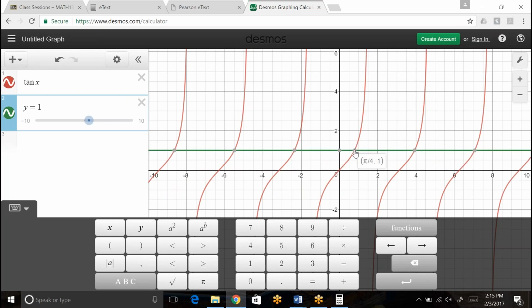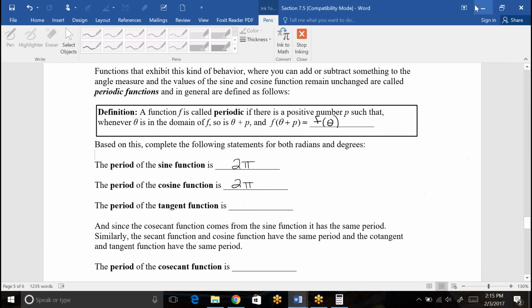Notice that this happened here at pi over 4 and it happens again at 5 pi over 4. If you subtract those two values from each other, you can see how much it took for this to repeat its pattern. 5 pi over 4 minus pi over 4 is 4 pi over 4. That is just pi. So tangent repeats not every 2 pi, but every pi. So that means that's its period.